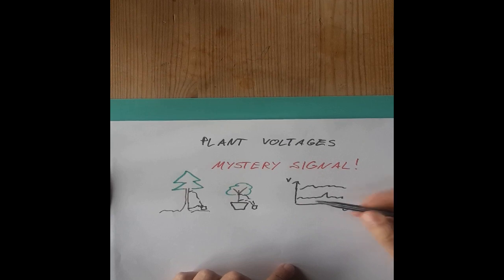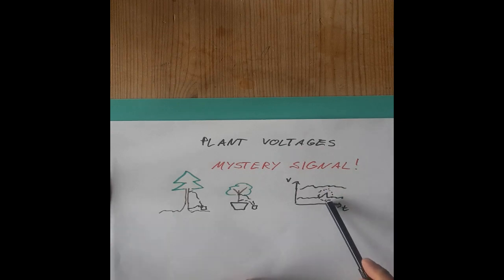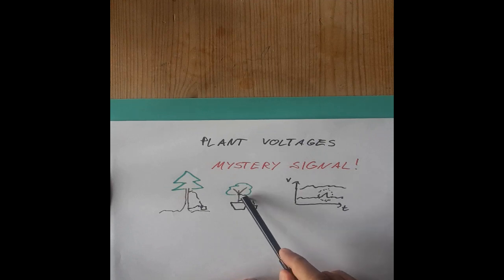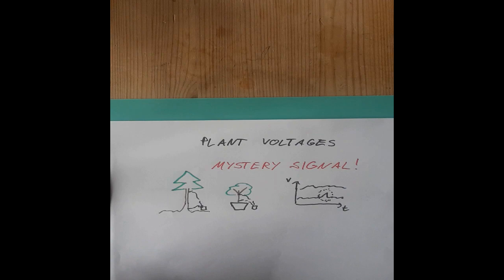This is time on this axis. These are the voltages. And the signal can be any distinctive feature that we can somehow identify in the recording and relate to a plant state or an event happening to the plant. Right? So, talked a lot already. Let's show you the signal.